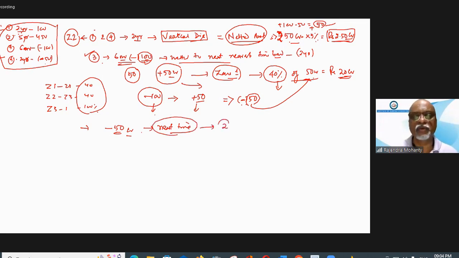That is number 2, which is 5 years. So after that, what will be the netted position? 400. 450 plus minus 50, so it becomes 400.